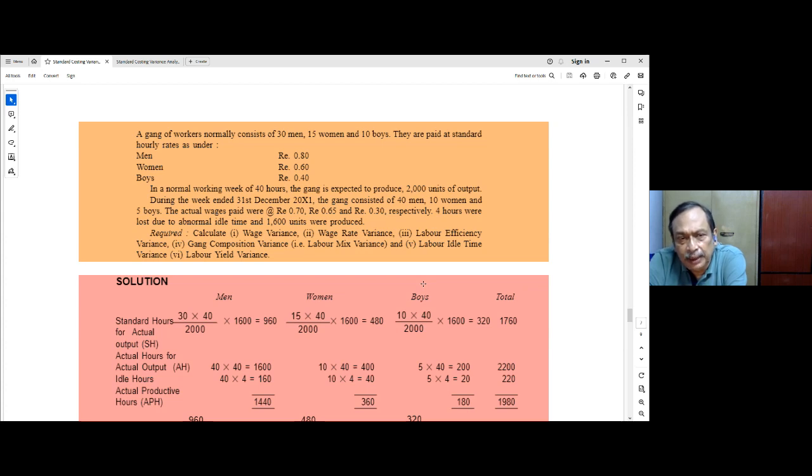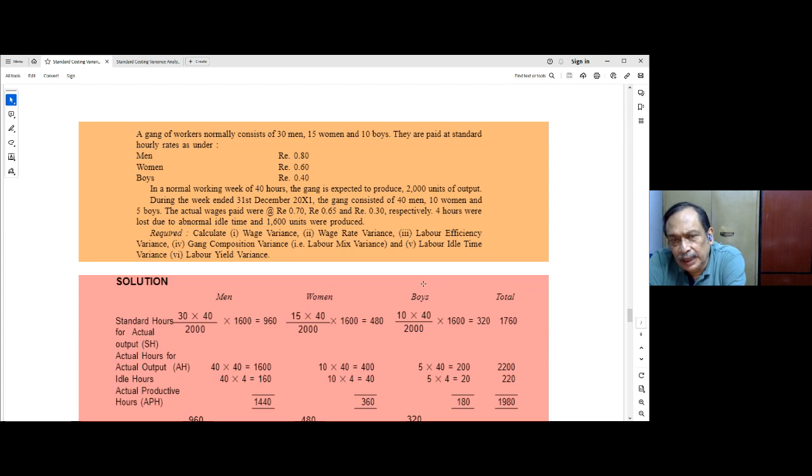The actual wages paid were 70 paise, 65 paise, and 30 paise, respectively. 4 hours were lost due to abnormal idle time, and 1,600 units were produced. So what are we required to calculate? Number 1, wage variance.